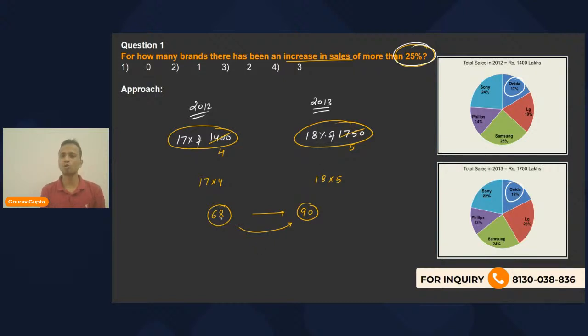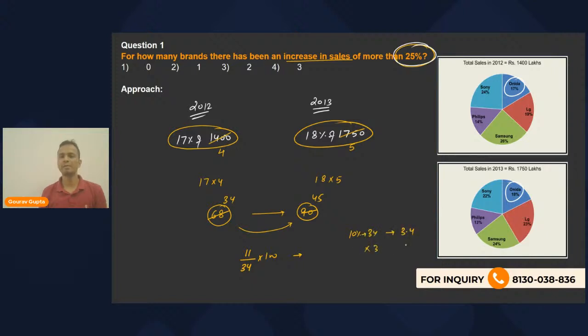Also, I can cancel out 2 from both sides. So this will become 34 and this will become 45, right? So 34 initial value, 45 the final value. There is a change of 11 over the initial value of 34 multiplied by 100. Now I can clearly see that 10% of 34 is 3.4.